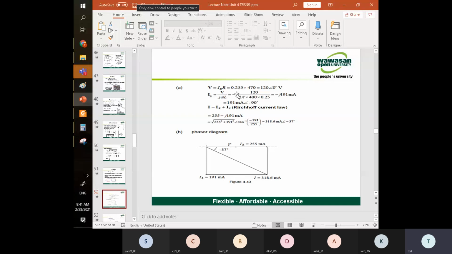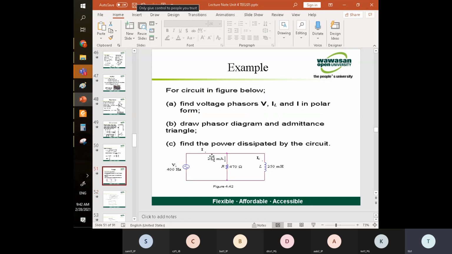Because R is a real number, we can just multiply I times R without any phasor, without any angle or degree. So we get 120 here. From these three given values, we can determine the V. This is the first step: find the V, and then find the IL.